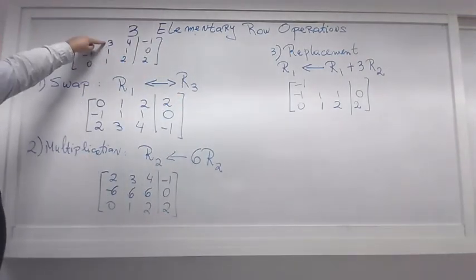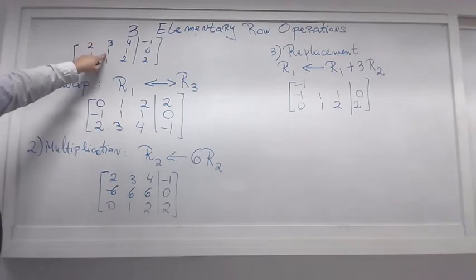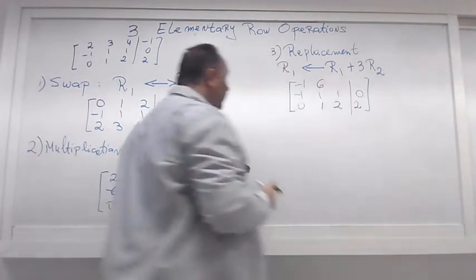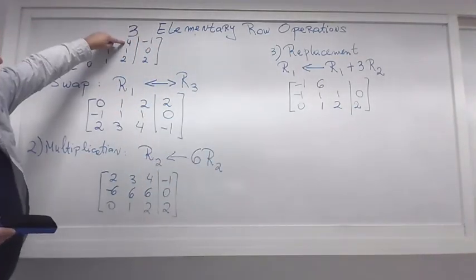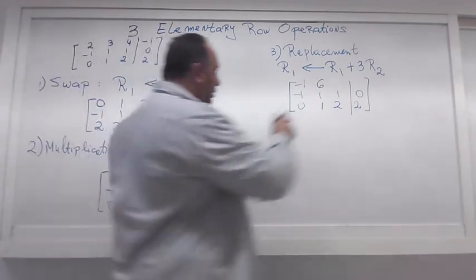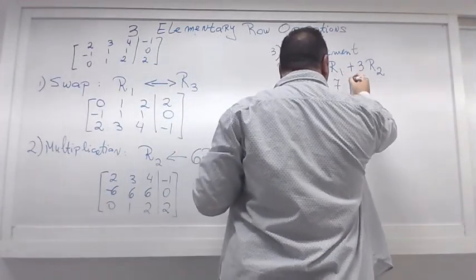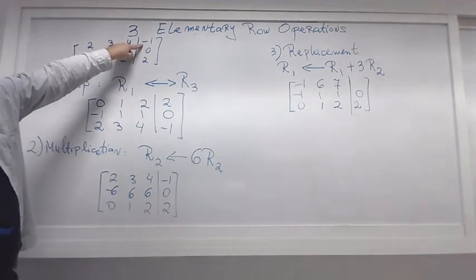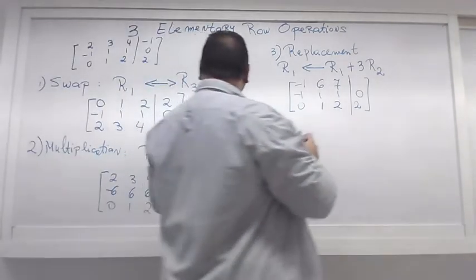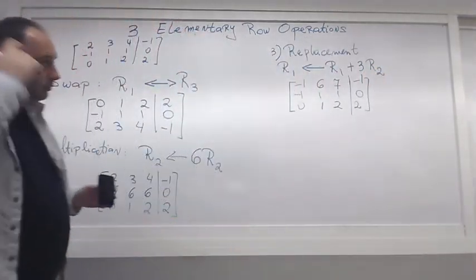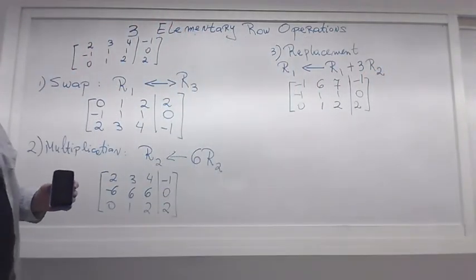So it's 3 plus 3 times 1. So 3 plus 3, 6. This guy is 4 plus 3 times 1. 4 plus 3, 7. Last part is minus 1 plus 3 times 0. Well, that's 0, so minus 1 plus 0 is minus 1. Ta-da! There it is.